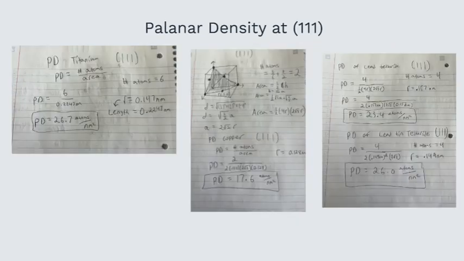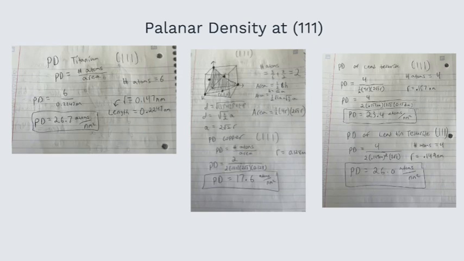For the planar density of titanium in the 111 plane, we used the equation planar density equals number of atoms over area, where the number of atoms for this was 6, and the length was equal to 0.2247, and given this, the planar density was 26.7 atoms per nanometer squared.